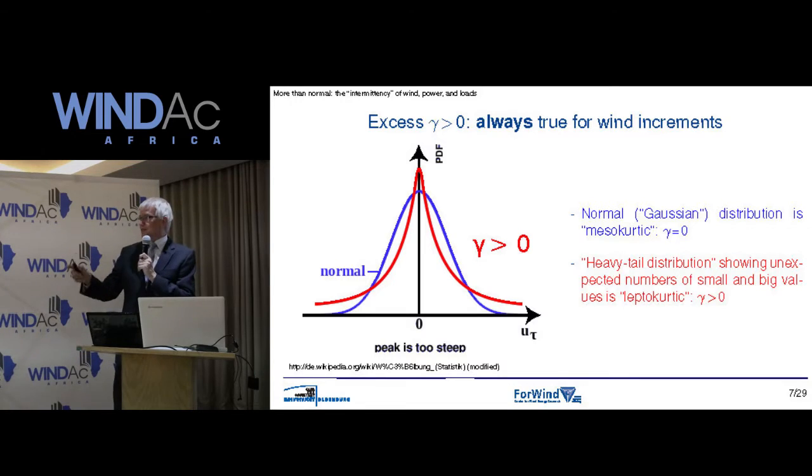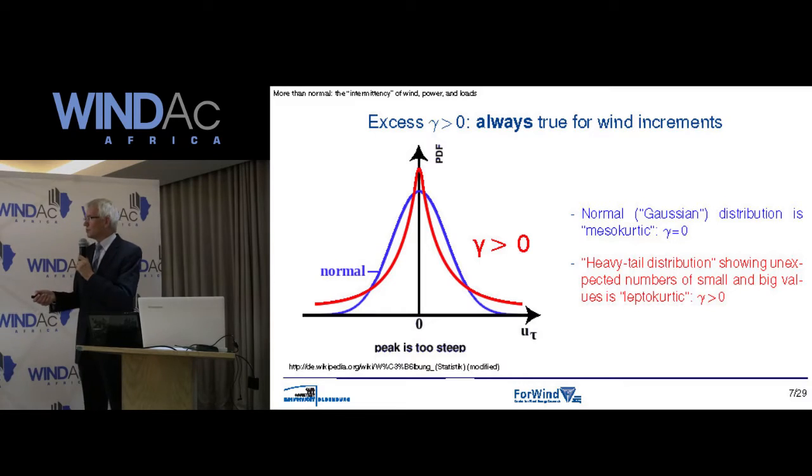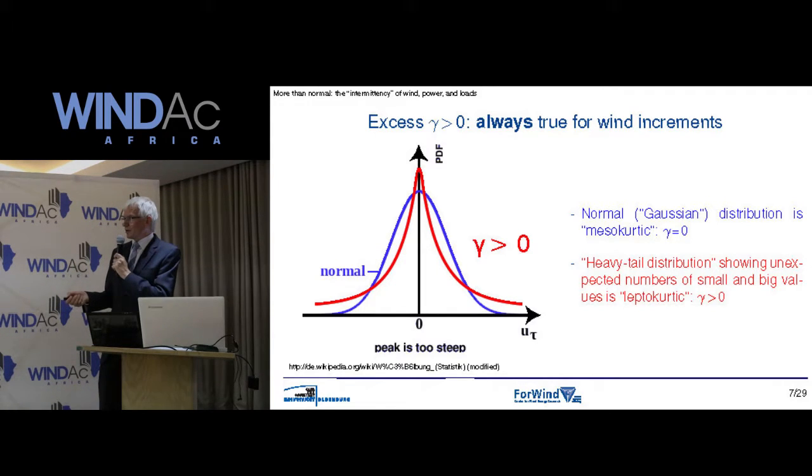This is what we never see. This distribution, I will skip it very fast because we never see it, but what we see is this. So the blue would be a normal distribution, but what we actually see in the statistics of the increments is the red distributions. So we have too many small increments.